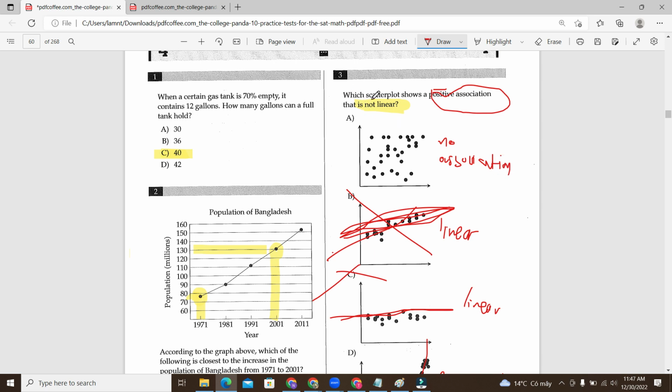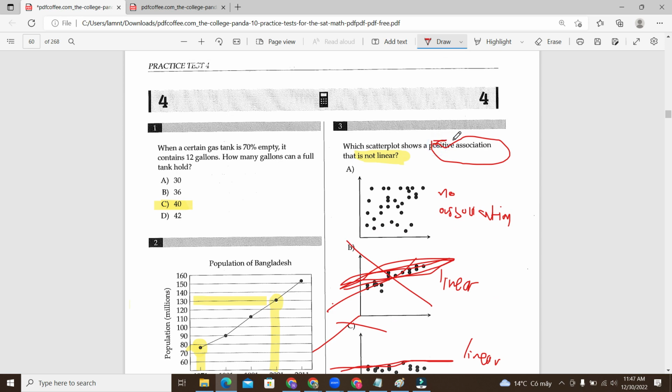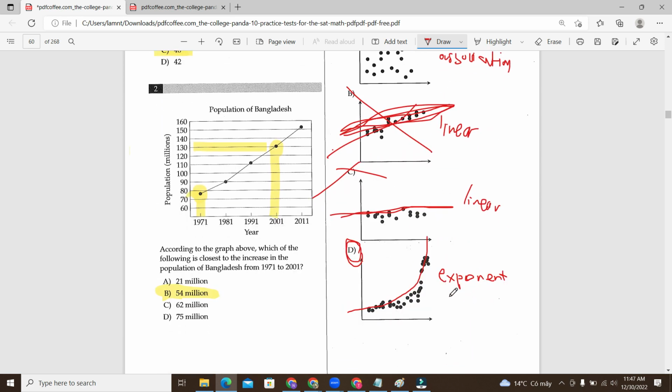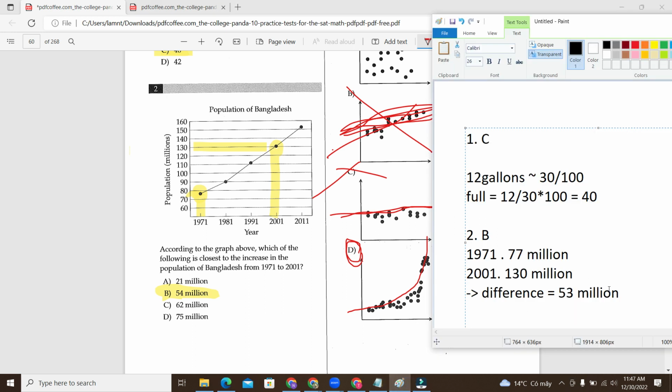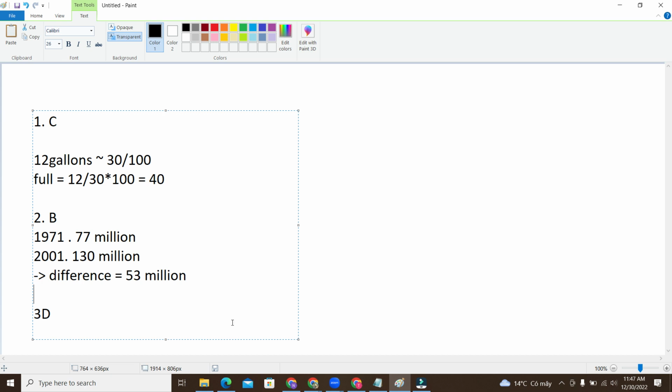So the answer for 3 is D, because it's not linear and there's a positive association. So 3 is D.